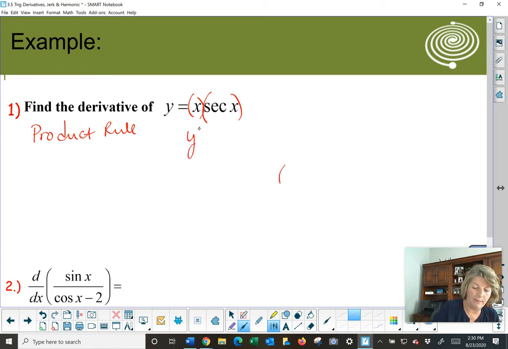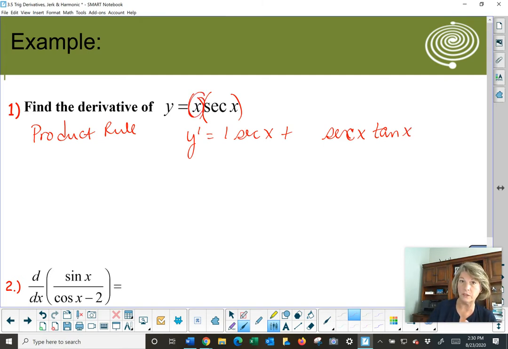So I'll have y prime, always start with that left side. Derivative of x is going to be simply 1 times secant x plus derivative of secant x, which is secant x tangent x, multiplied by the first factor, which is x.